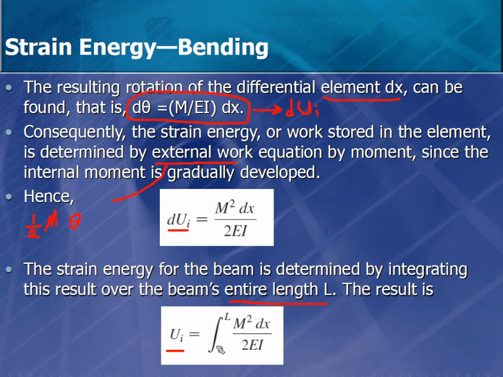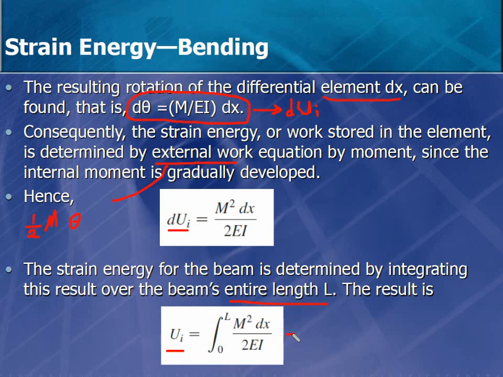Now why do we have to take integration here? Not for the load, because the load makes an internal force within the element that is constant for a portion of length, but the moment depends on the x value. That's why I have to take integration throughout the length of the beam in order to get the whole internal energy.